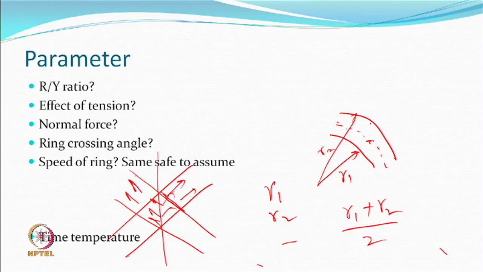They do not have individual drives, and even if you have individual drives, you can still have differences. But they should be linked in such a manner that their speeds are the same, otherwise more complex phenomena will generate. Time and temperature for both the systems will have to be optimized based on the material that you are looking at, which does not change in any manner.